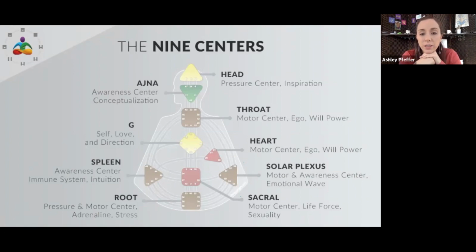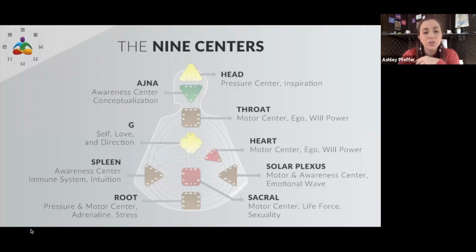Your throat center is for manifestation. It's a motor center, meaning it's driven by energy. Your ego can lie there just in the voice of the throat, right? So we've got manifestation, direction, and like your voice, like speaking.